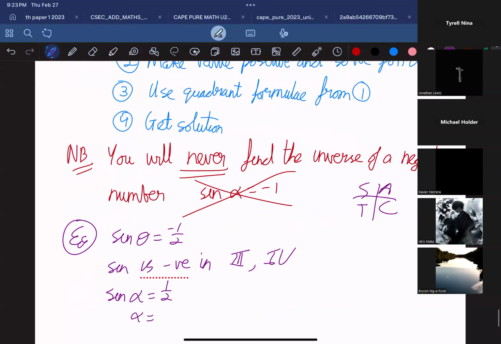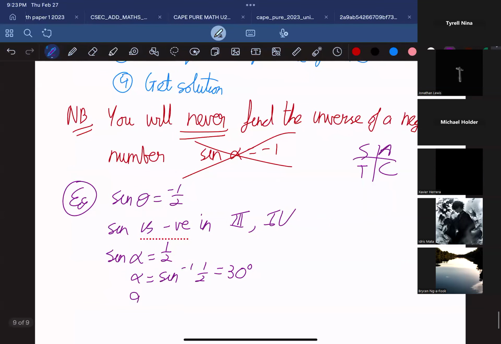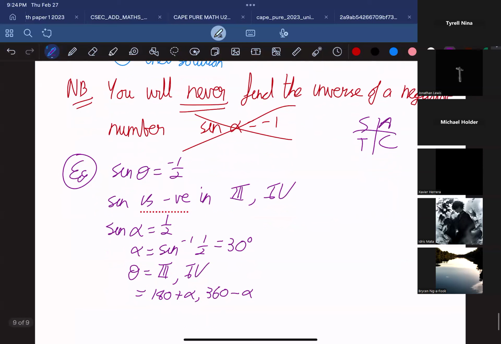So alpha is sine inverse of 1/2, which is 30 degrees. And theta is in quadrant 3 and 4, which is 180 plus alpha and 360 minus alpha, which is 180 plus 30 and 360 minus 30, which is 210 degrees, 330 degrees.